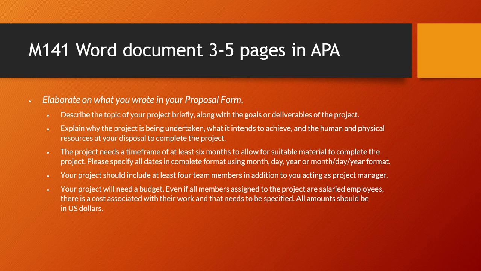And then the time frame, make sure you at least have 6 months. And then who are your team members? You don't have to name them. You can just say my person from HR, my person from IT, my person from the training department, something like that. We don't want you to give names, or you can put hypothetical names if you want. And then also just estimate a budget. We know that can sometimes be difficult.